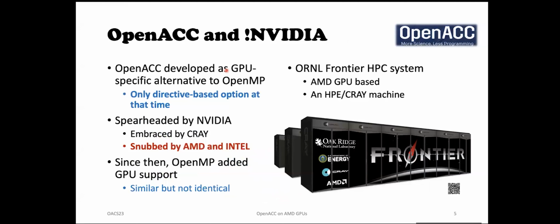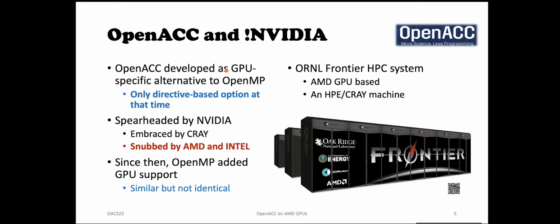Now, there is a problem with OpenACC in non-NVIDIA environments. OpenACC was developed as a GPU-specific alternative to OpenMP, and it was the only directive-based option at the time. It was spearheaded by NVIDIA because it was the only play in town. It was embraced by CRAY.